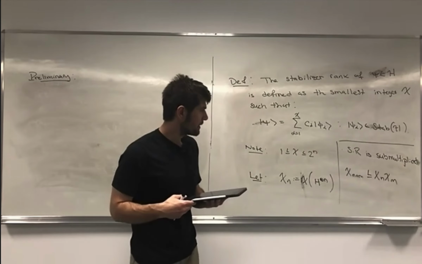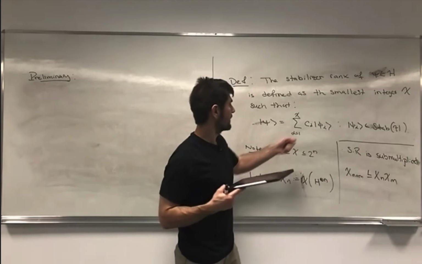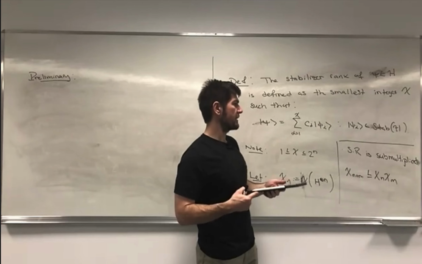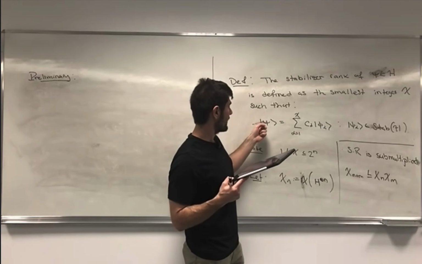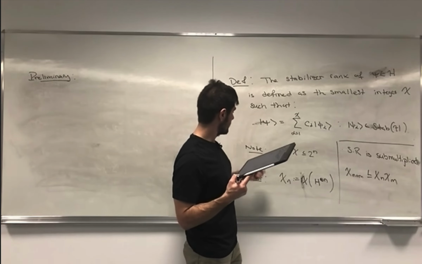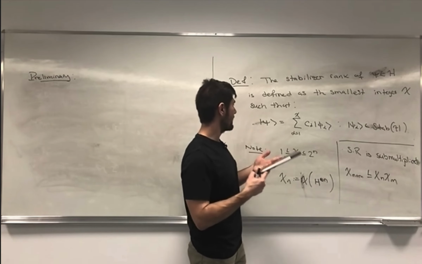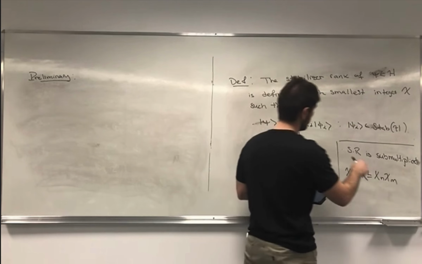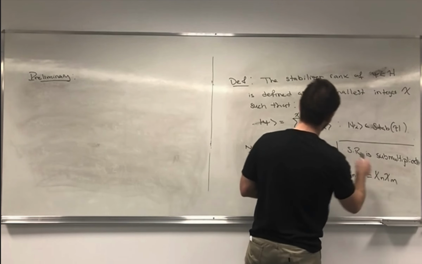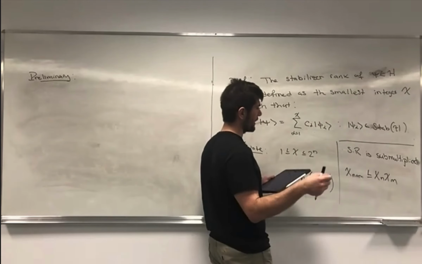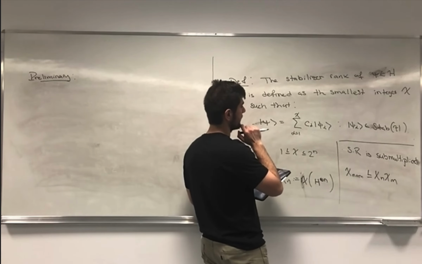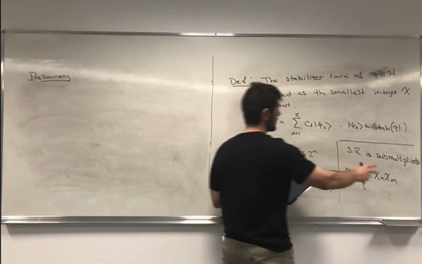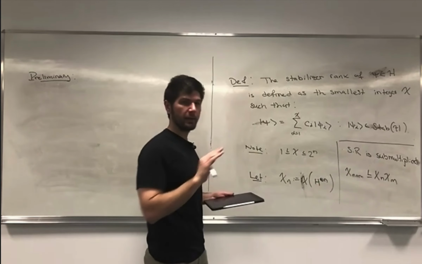Why is this? Because the tensor product of stabilizers are again stabilizers. So if one state has an expansion with chi n terms, and another one has chi m terms, when I do the tensor product of them, I have at most that many terms, right? But it could actually be less.